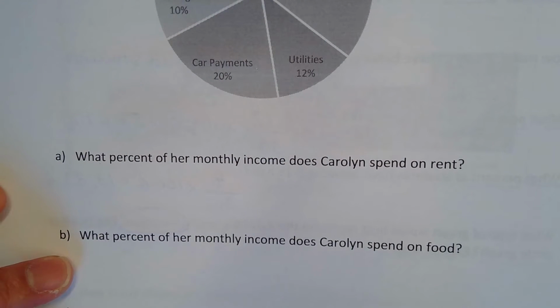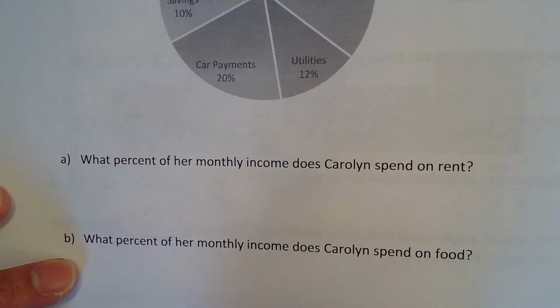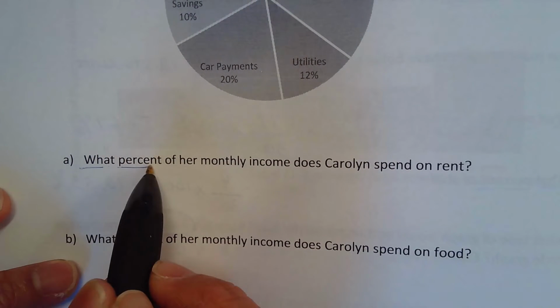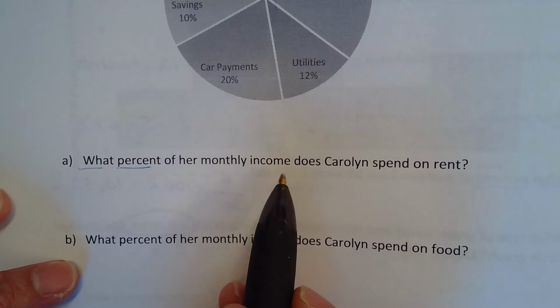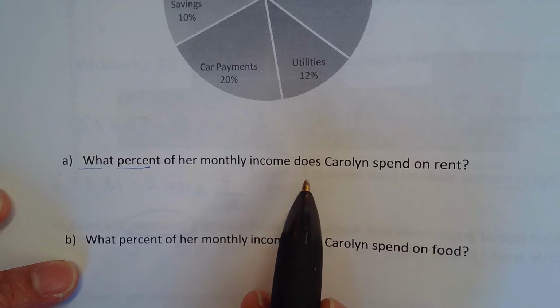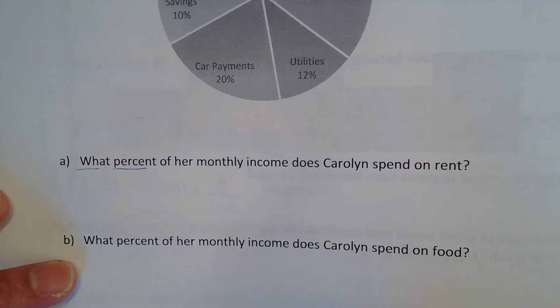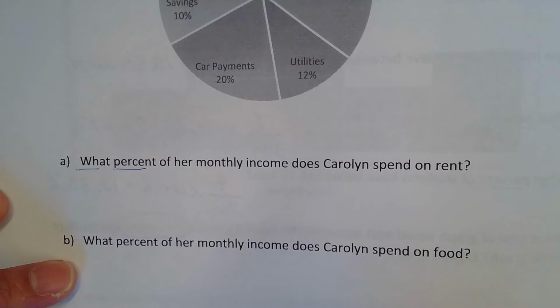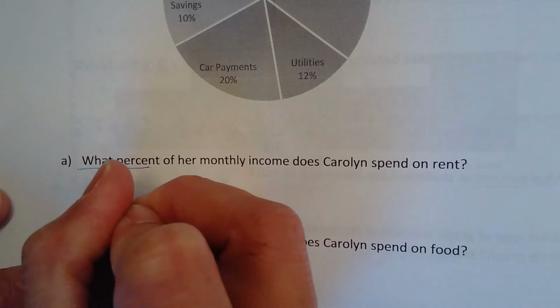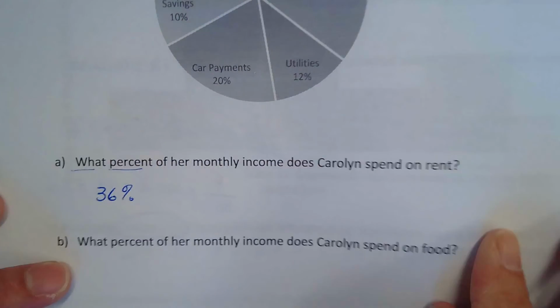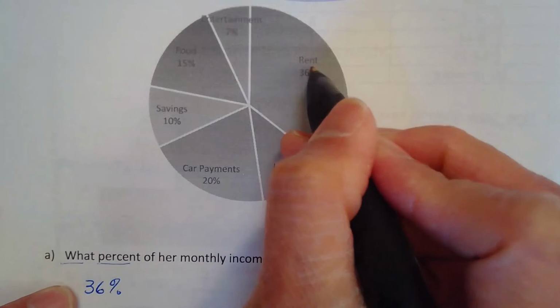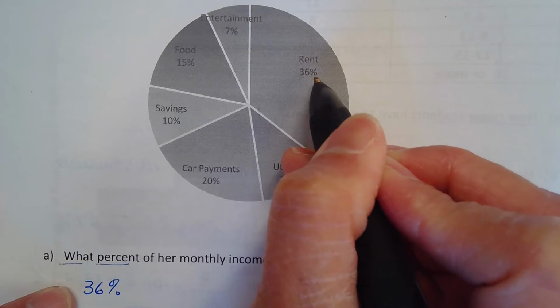Let's answer some questions. It says here, what percent of her monthly income does she spend on rent? 36%. That was easy, right? 36%, because it says there, rent, 36%.